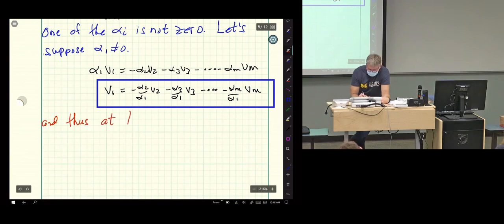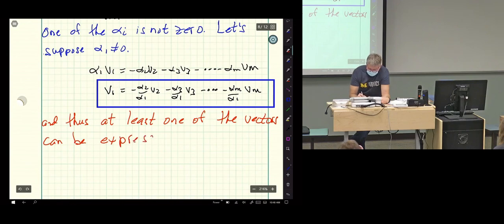And thus at least one of the vectors can be expressed as a non-trivial linear combination of the other vectors.